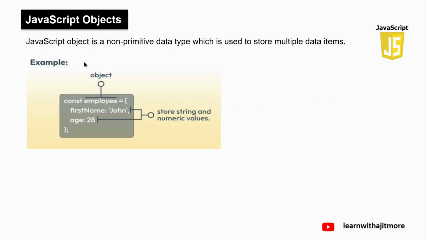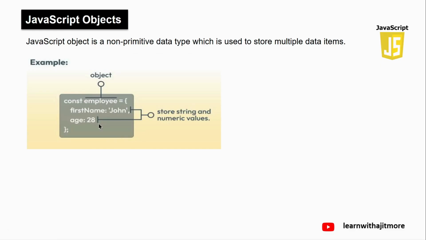Okay? See, and how to create. Very simple, just in braces, you have to keep listing key colon value, comma, key colon value. Whatever key colon value pairs are there, they are called attributes or properties of that object.